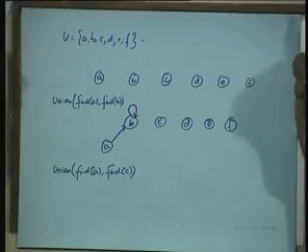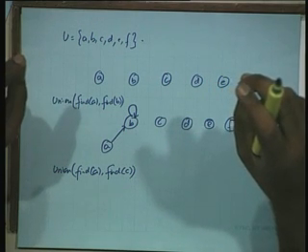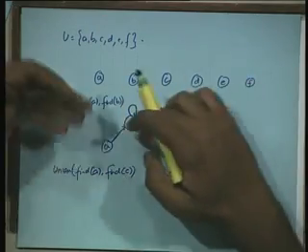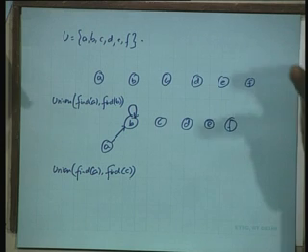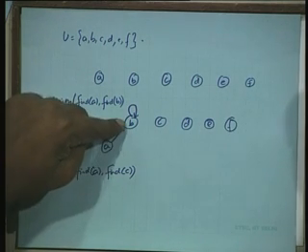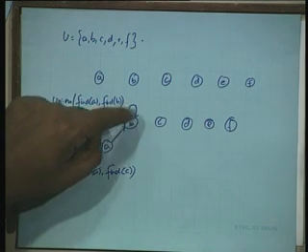Each set is represented by one of the elements in the set, which in this representation will be the root of the set. So in some sense all the elements of a set elect a leader, and this is the leader of that set. So A and B are the only two elements in the set, and the leader is B.